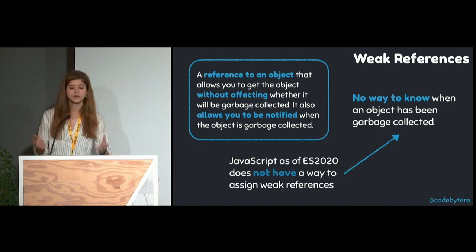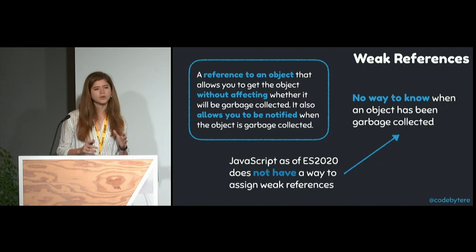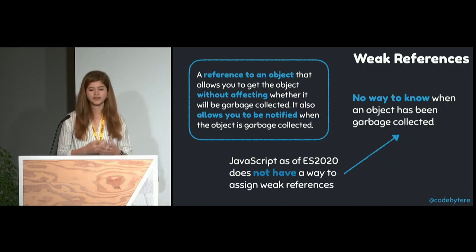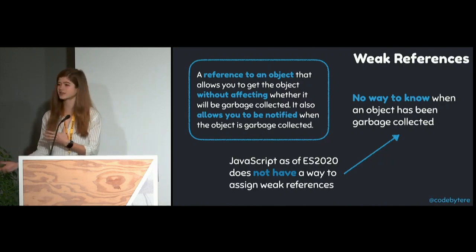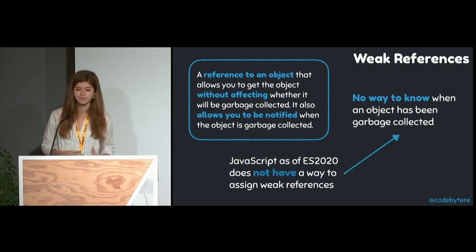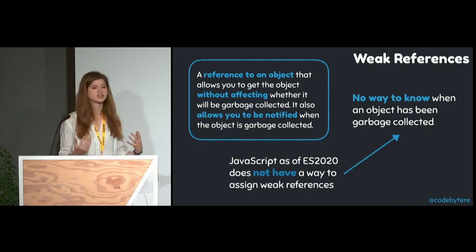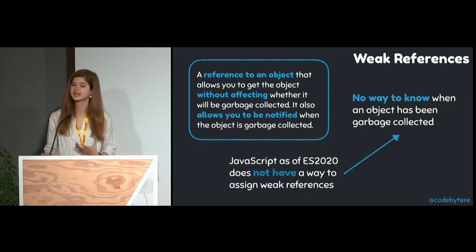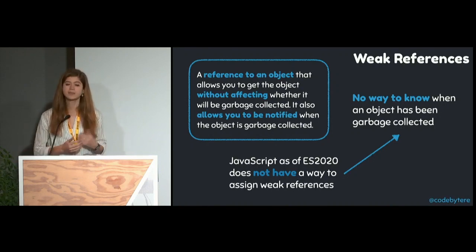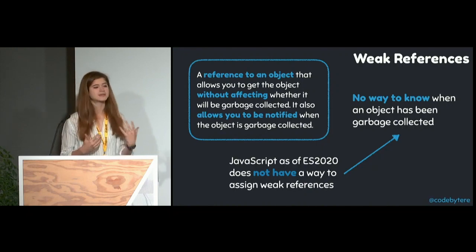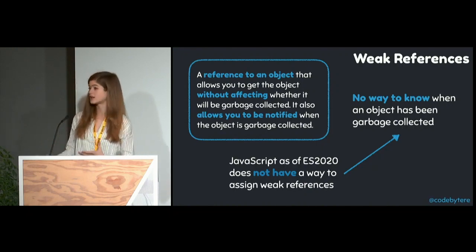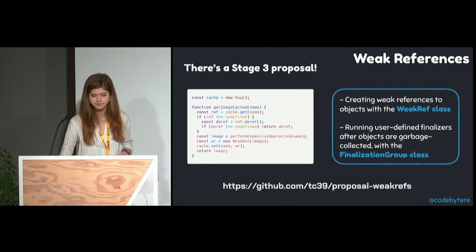Right now, however, unfortunately, there's no real way to create weak references within JavaScript, since the language doesn't have a way to directly assign them. The only API in JavaScript related to weak references now is the weak map. But since it only creates keys that are weak references, it's impossible to know when an object itself has been garbage collected.